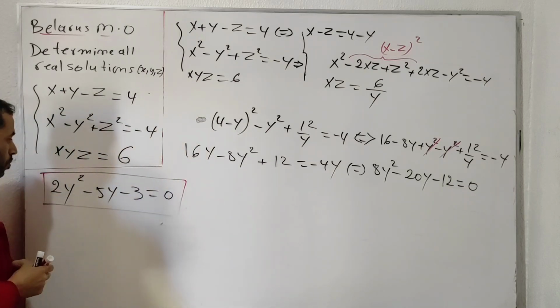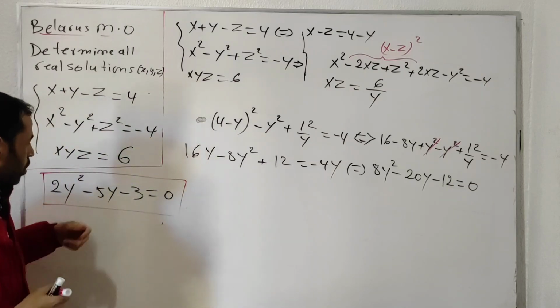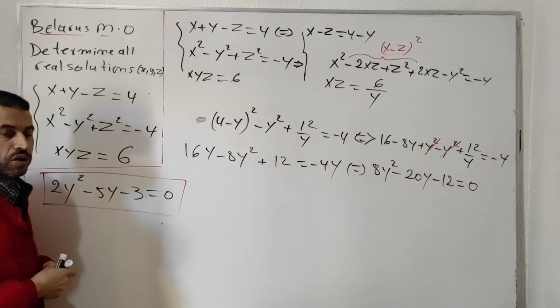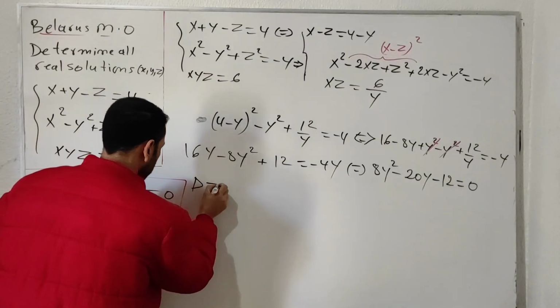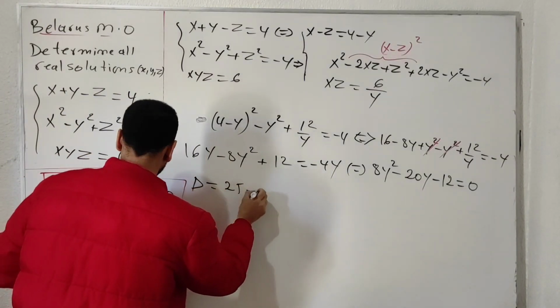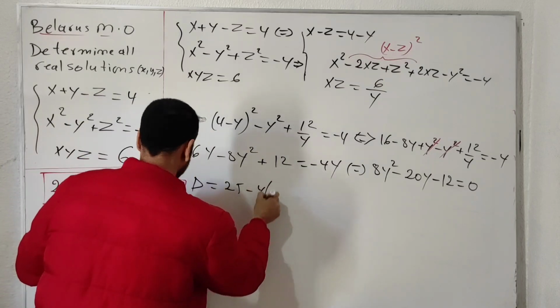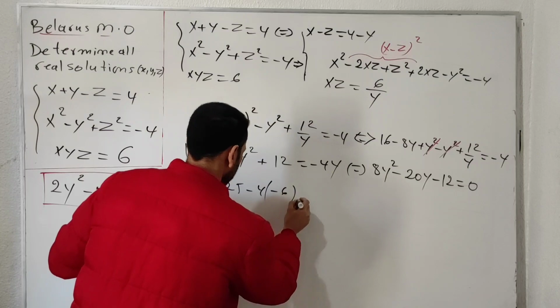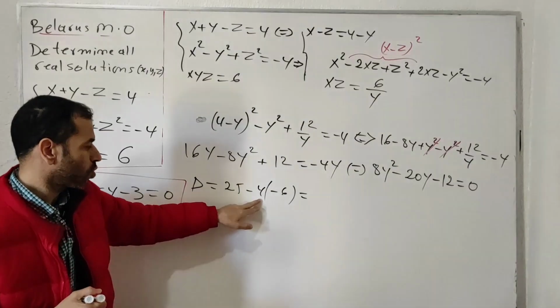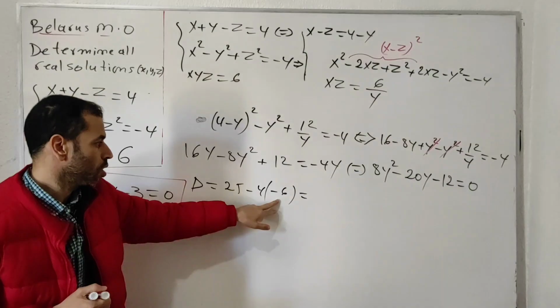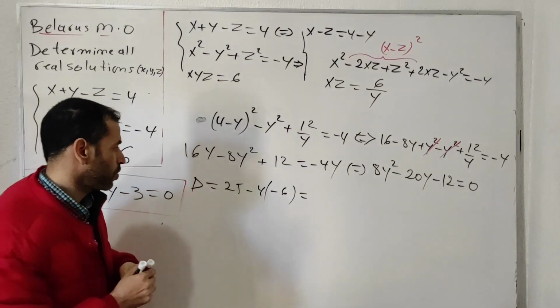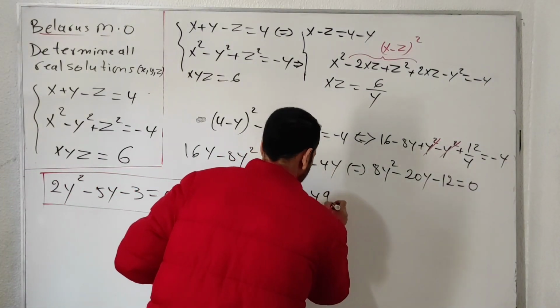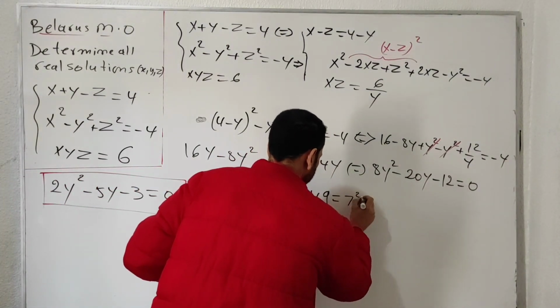Okay? Then I'm going to solve for y by calculating the discriminant. We get delta equals 25 minus 4 times 2 multiplied by minus 3, which is minus 6. So minus 4 multiplied by minus 6 is 24, plus 25, which is 49. 49 is the same as 7 squared.